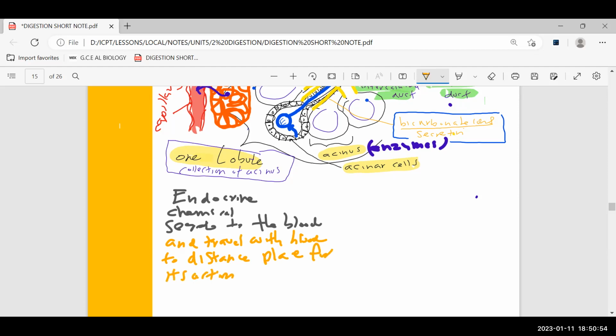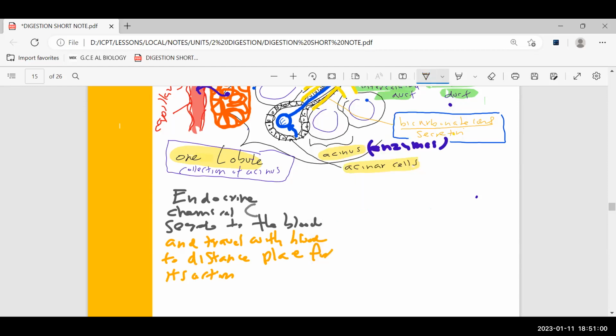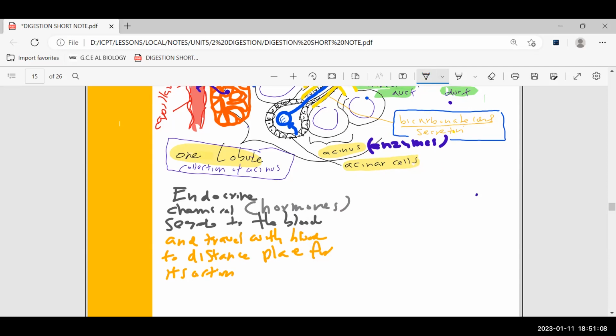So we can write that endocrine glands secrete chemicals. These chemicals we can specify here as hormones. The hormones are secreted by the cells, move to the blood, and travel with the blood to the distant place for their action.